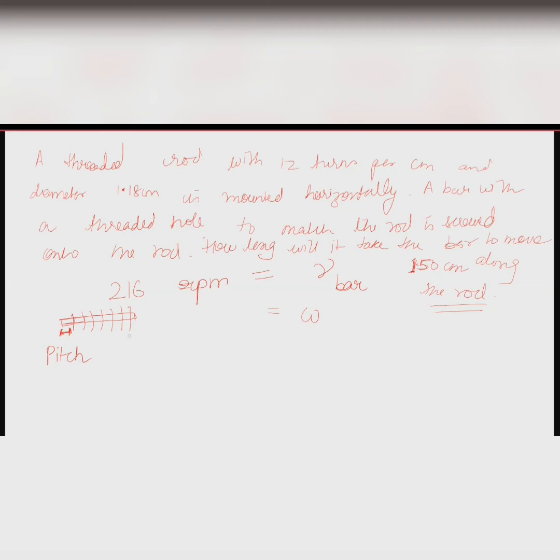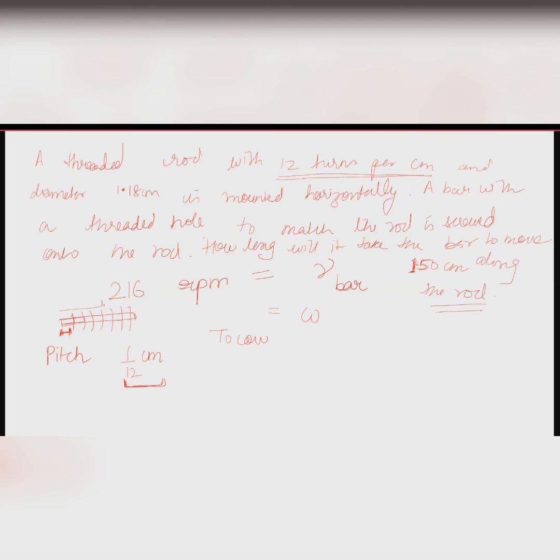So the pitch of this screw is, there are 12 turns per centimeter, so it becomes 1/12 of a centimeter. In 1 centimeter, there are 12 such turns. Now let's see how many rotations it has to do to cover a distance of 1.5 centimeter. In each turn, it is going to move by 1/12 centimeter.